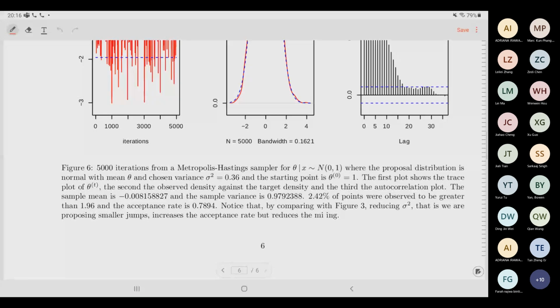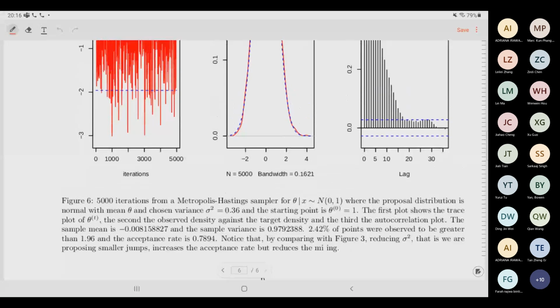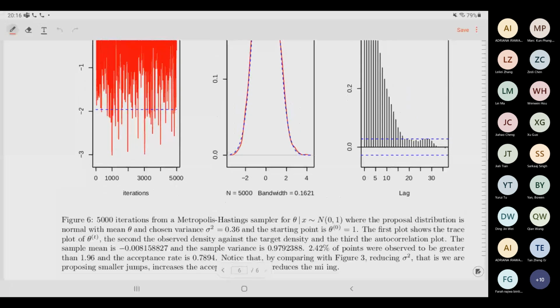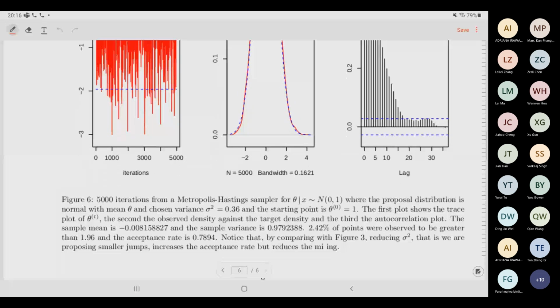This will increase your acceptance rate, which means your alpha will be increased, but we will reduce your mixing. What does reducing mixing mean? It means that the movement is actually smaller.